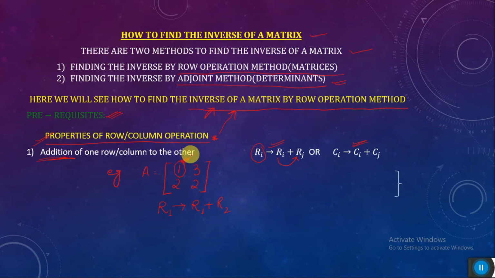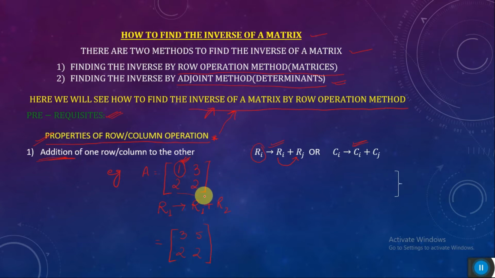Row 1 is under operation, but row 2 is not, so row 2 you can write as it is, 2 2, but row 1 will be row 1 plus row 2, so 1 plus 2 will be 3, and 3 plus 2 will be 5. This is how we will get it.